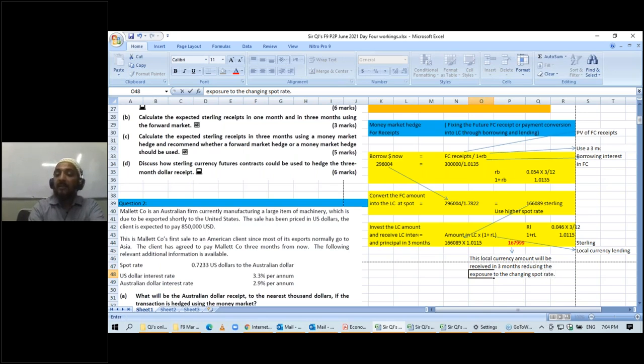Now the invested amount along with interest is received, but what happens to the borrowed amount? The borrowed foreign currency amount will be repaid.